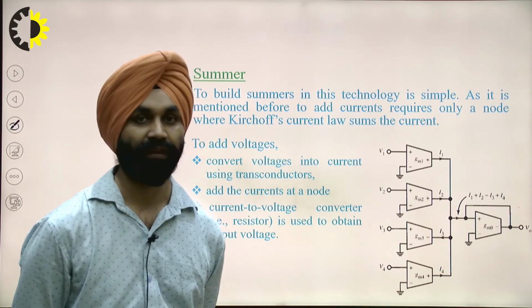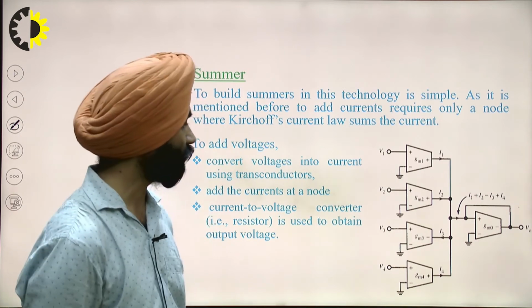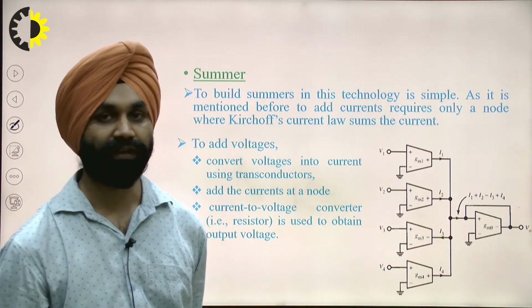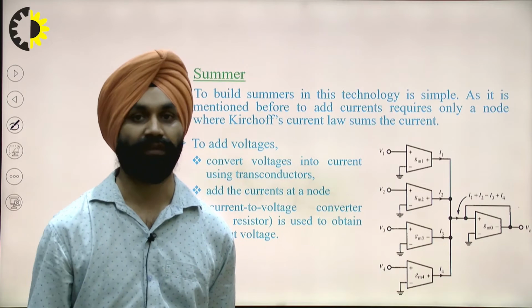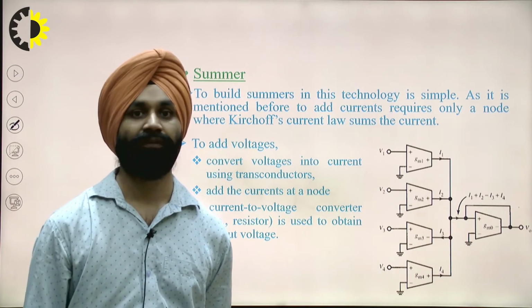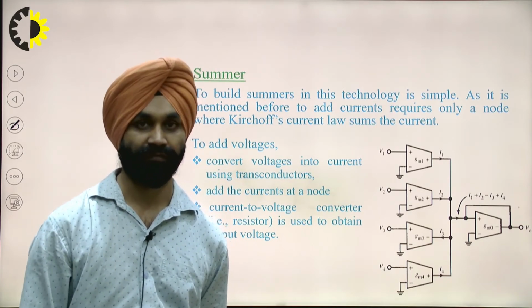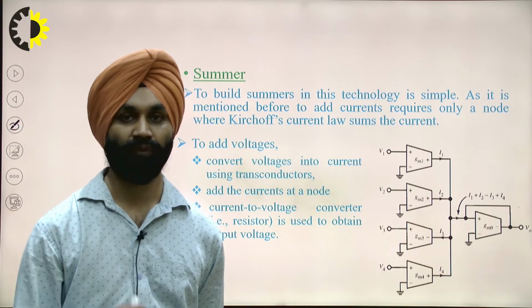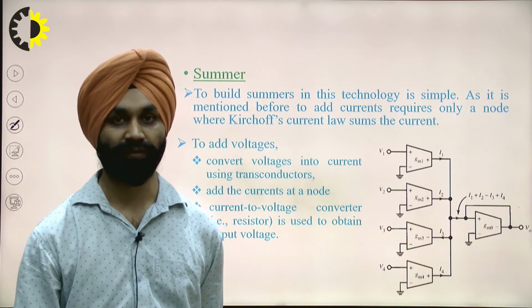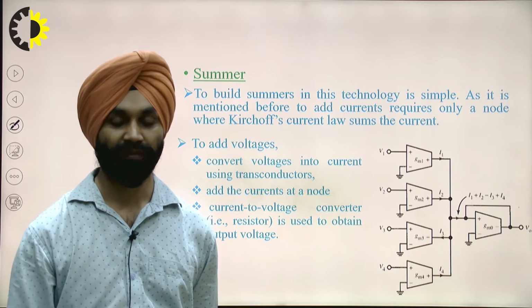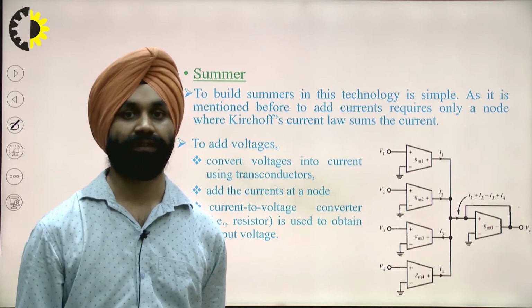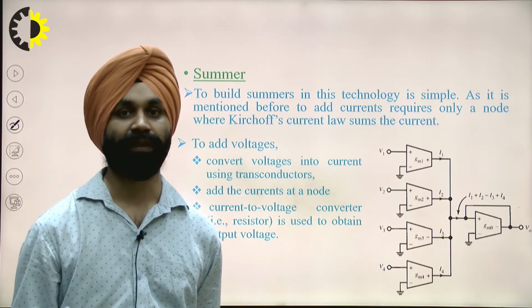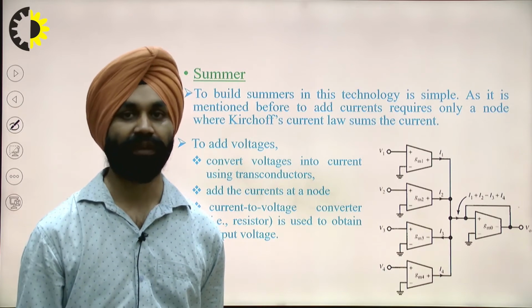So a summer is simple to create with a transconductance amplifier, because the output of any transconductance amplifier is current, as it is a voltage controlled current source. If we have a current output, by using a simple node, the currents will be added up.